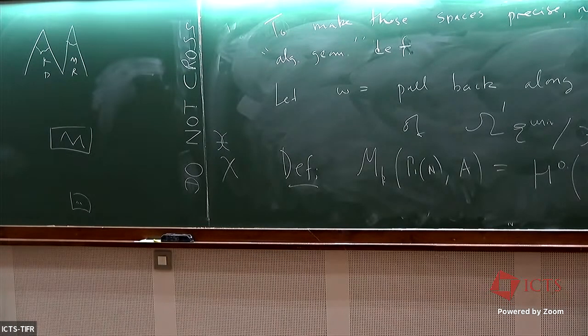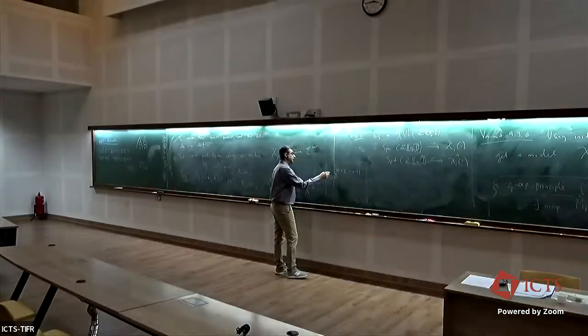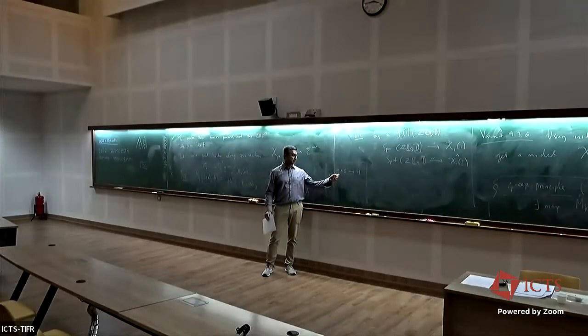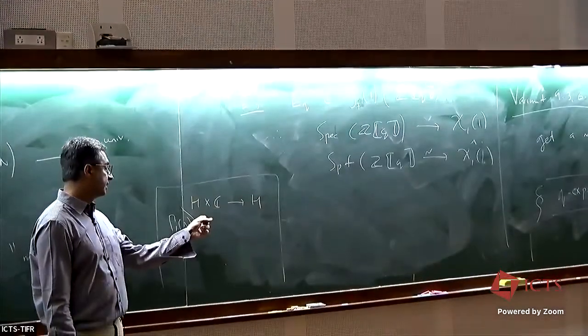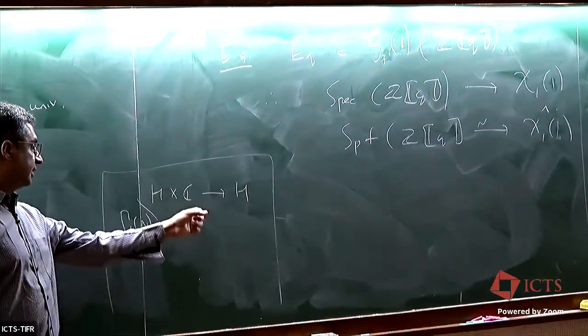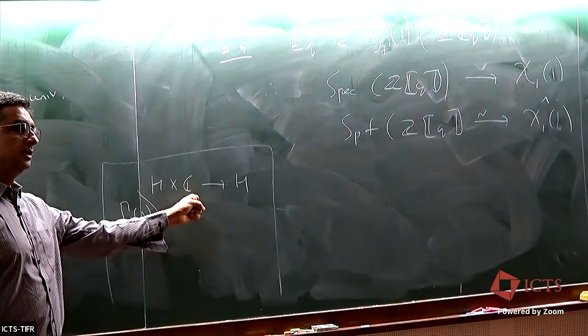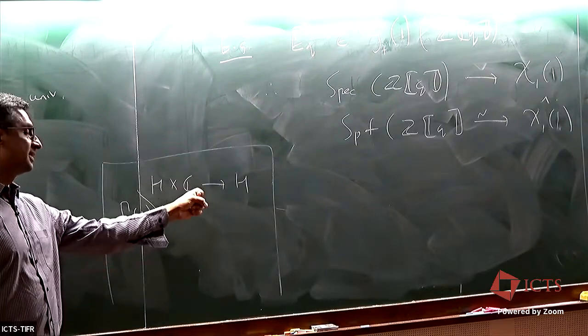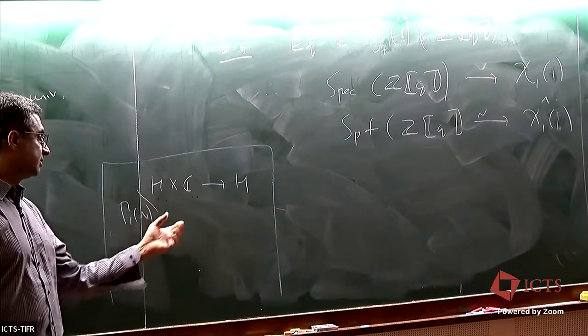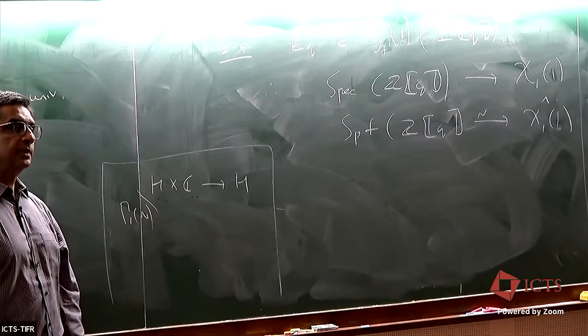So H × C to H. You have an action of Γ_1(N) here, where Γ_1(N) acts in the usual way on the upper half plane. Let me not write lots of things. And it acts by multiplication by j(γ, τ). So on a point (τ, z), it acts by multiplication by cτ + d on the second factor.